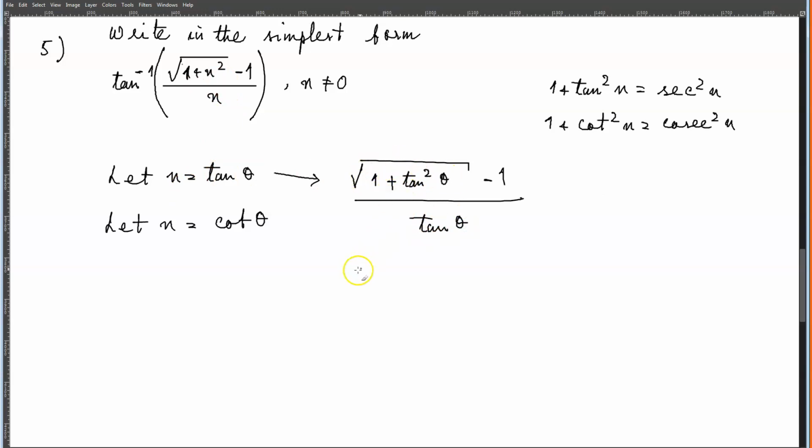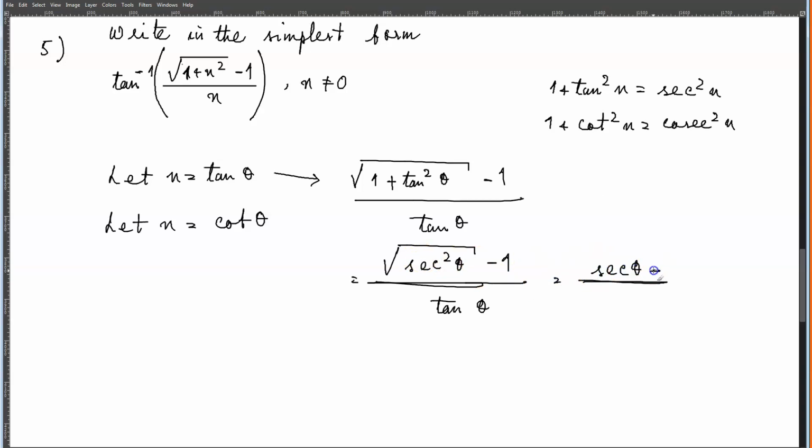And 1 plus tan squared theta would be equal to the square root of secant squared theta minus 1 over tan of theta, and the square root of secant squared theta would be secant theta, minus 1 over tan theta. Okay, that is one possibility.